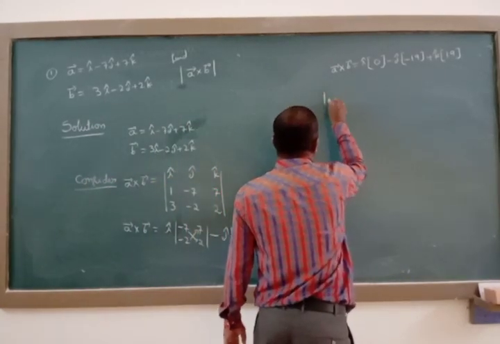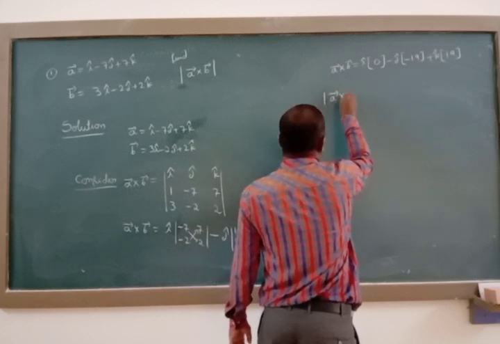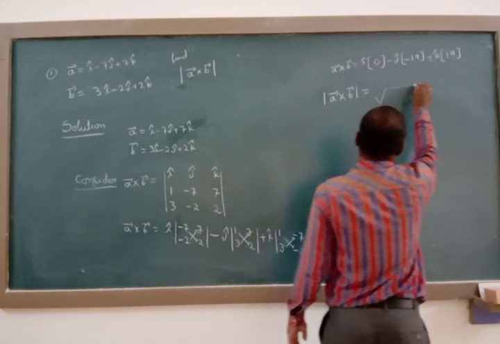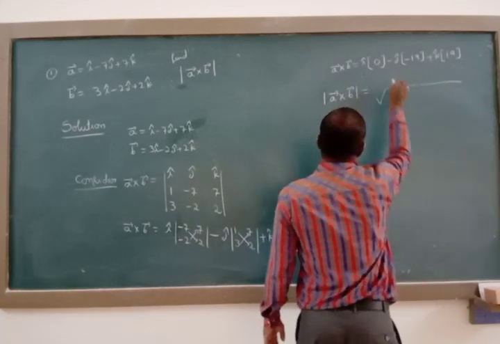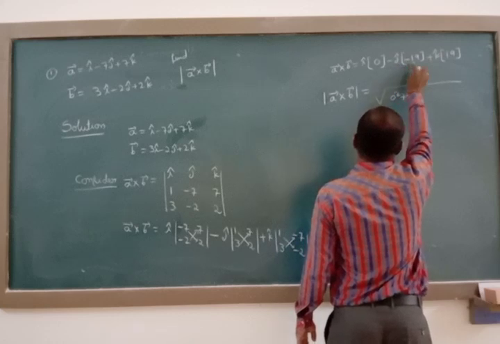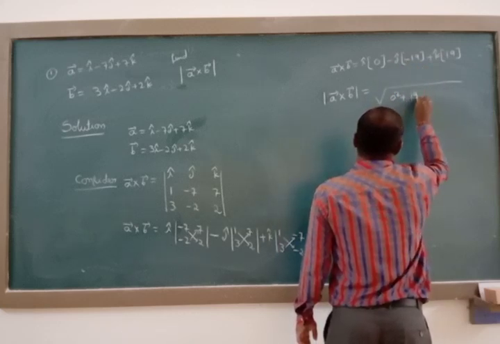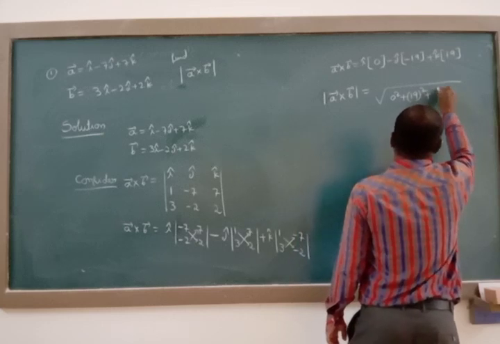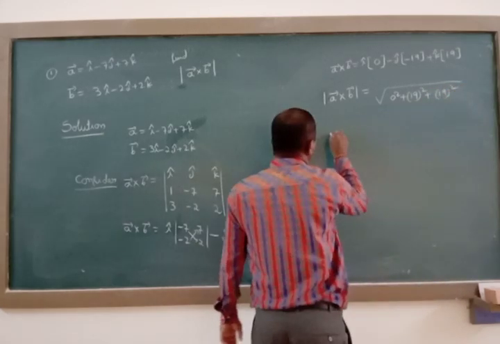Then its magnitude. Magnitude of A bar cross B bar is equal to square root of i cap coefficient 0, 0 square, plus j cap coefficient 19, that is 19 square, plus k cap coefficient 19 whole square. 19 square means 361.